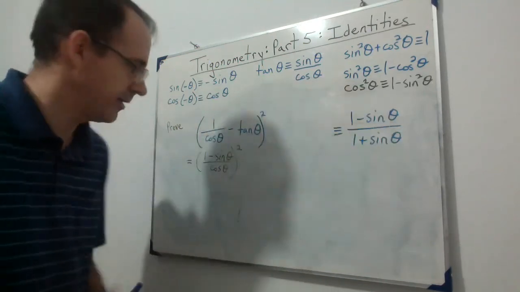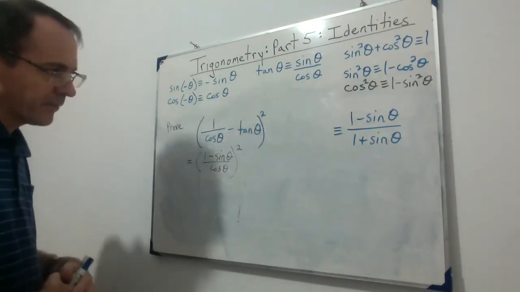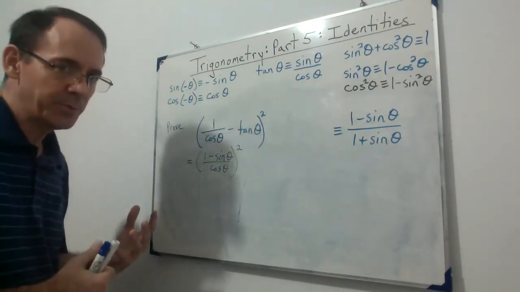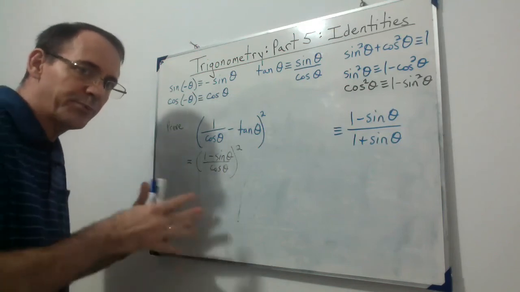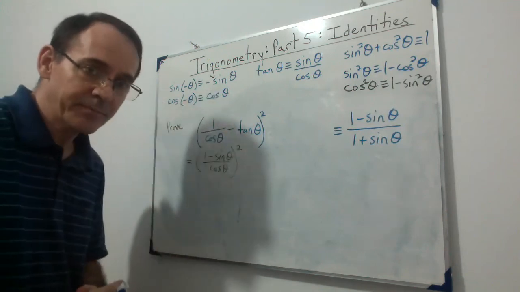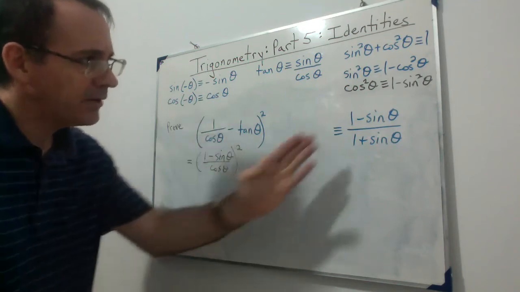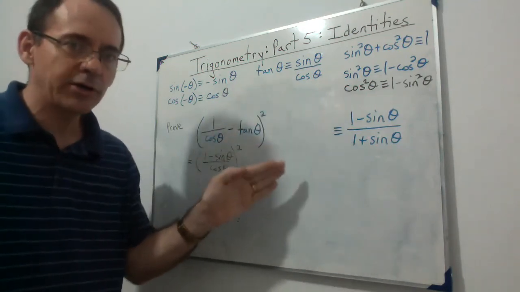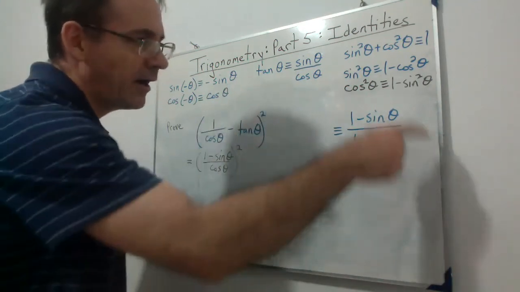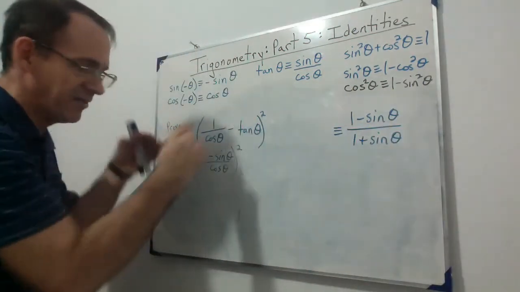Now, when we go to square this, do we expand the numerator? Now, in the previous problem I just mentioned, we usually expand the numerator so that we can simplify it. But again, keep in mind where you want to go. In our outcome, we want a 1 minus sine on the top.